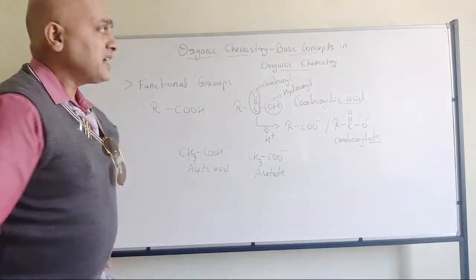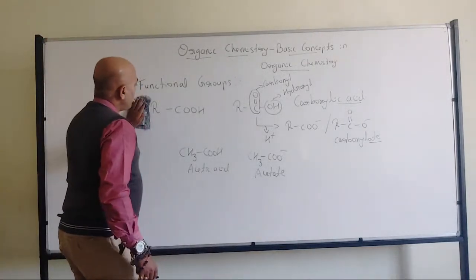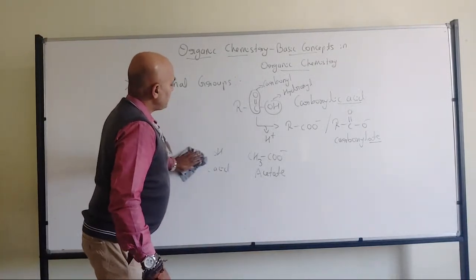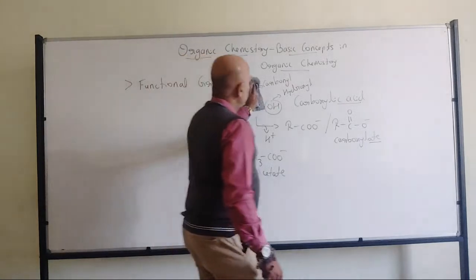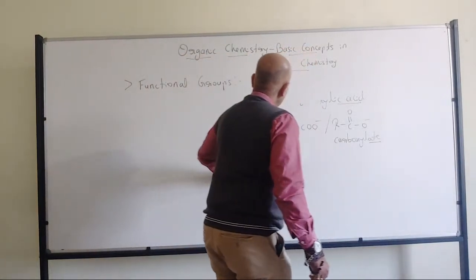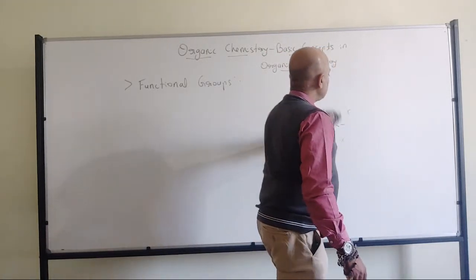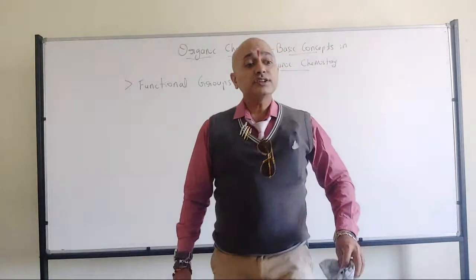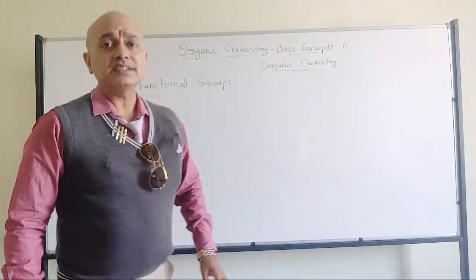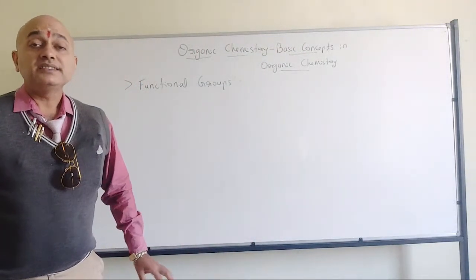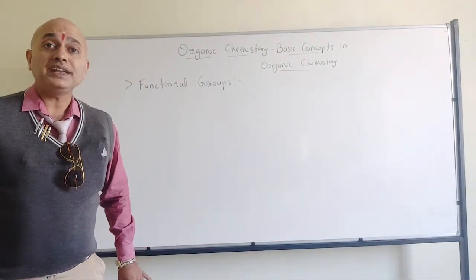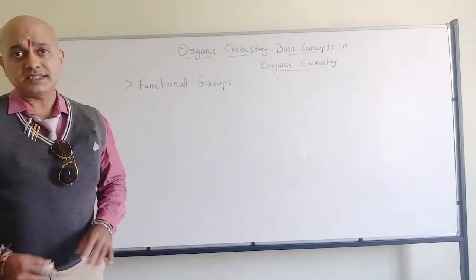Fine. So together we have the carboxylic acid as one of the functional groups. Now please remember, if a given organic compound has carboxylic acid as the functional group, then the name of that molecule should end with oic acid.